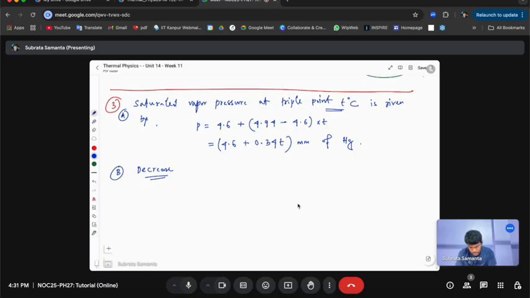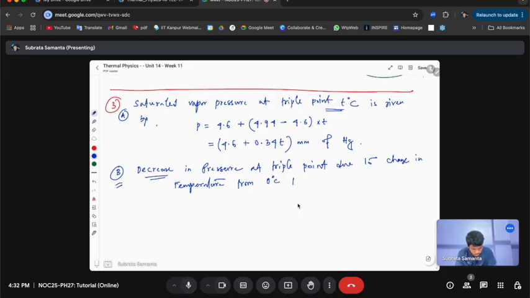So in case of step B, this is basically the decrease in pressure at the triple point due to change in temperature from 0 degree centigrade to T degree centigrade.